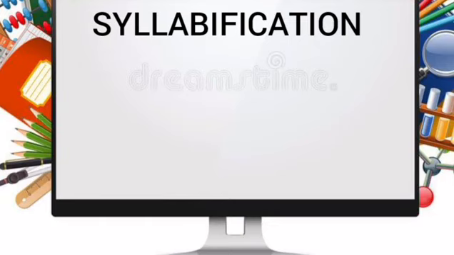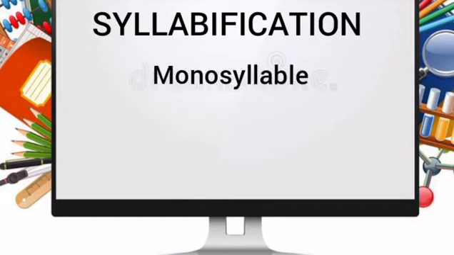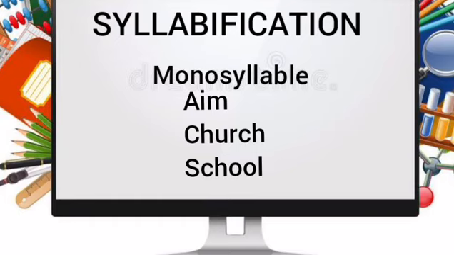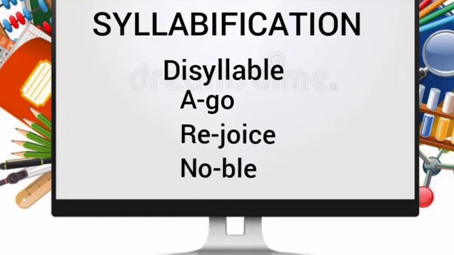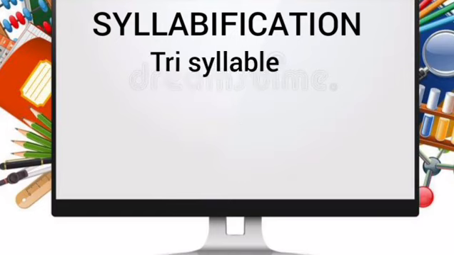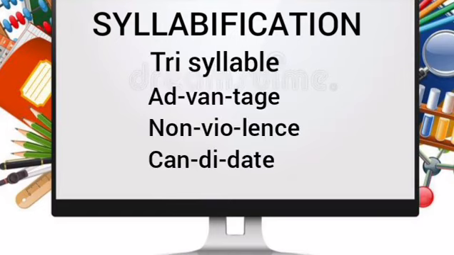Okay, so now let me give you a few examples. Examples for monosyllable, that is one syllable. One syllable will be called a monosyllable, right? Aim, church, school. For disyllable, ago, rejoice, noble. For trisyllable, advantage, non-violence, candidate.